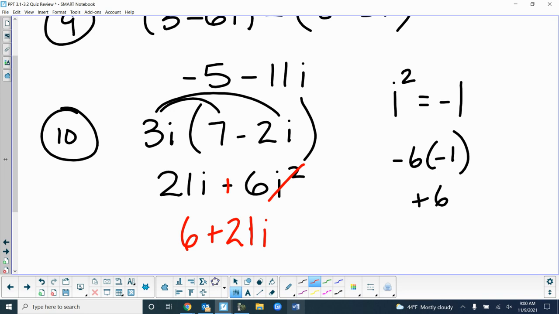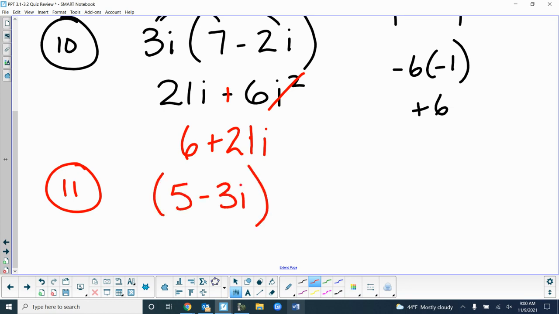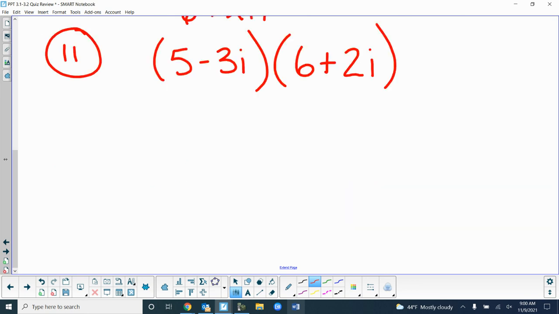All right, 11, we're multiplying two complex numbers, so we're foiling. Again, some people will do number 9 like this. They'll try to do number 9 by foiling.